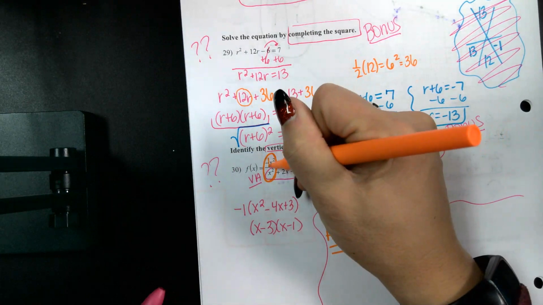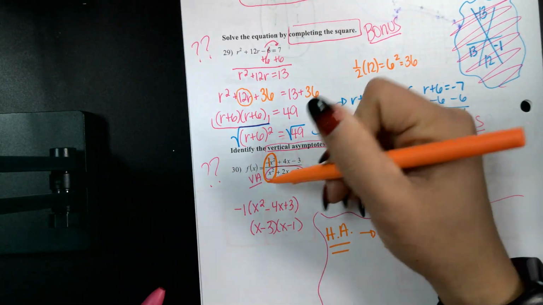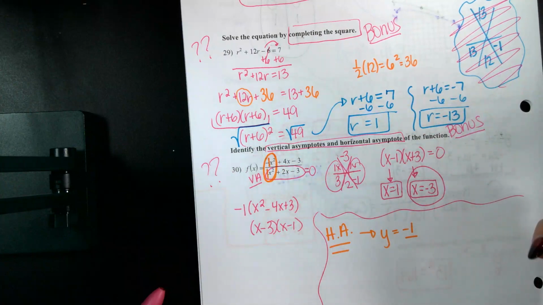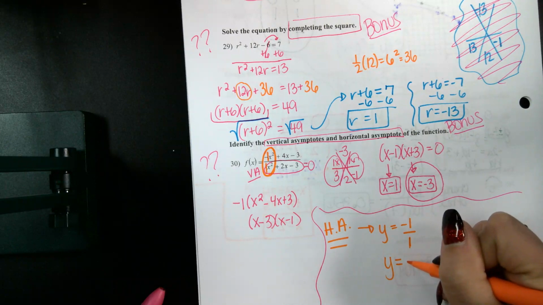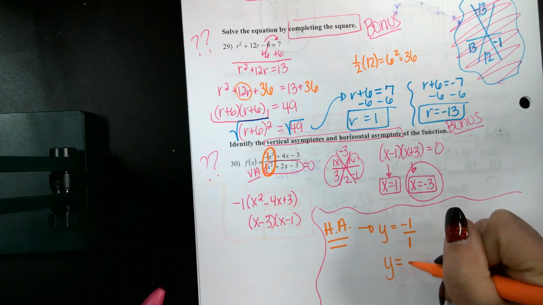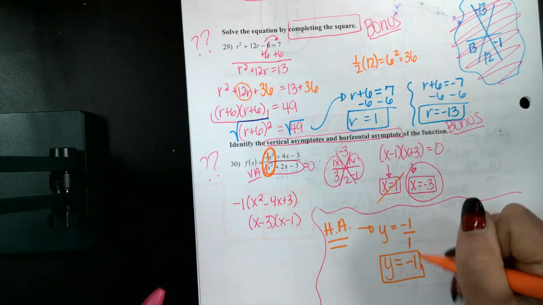You put the leading coefficient up top, which is negative 1, divided by the leading coefficient on the bottom, which is positive 1. And what is negative 1 divided by positive 1? Negative 1. That is your horizontal asymptote.